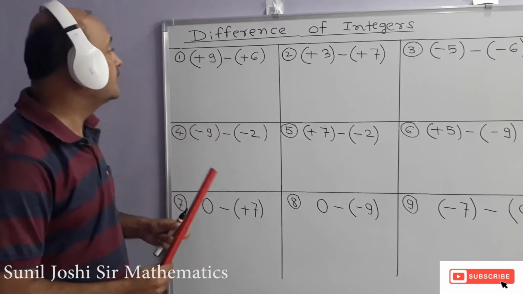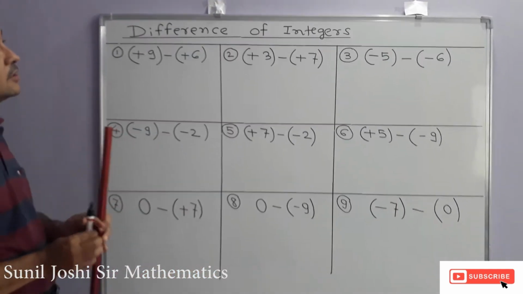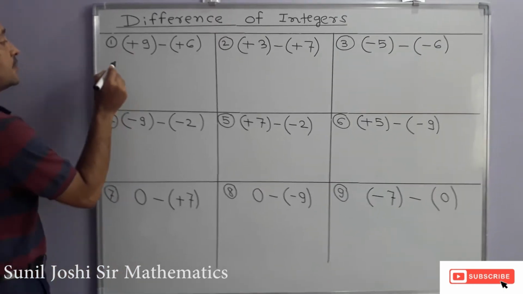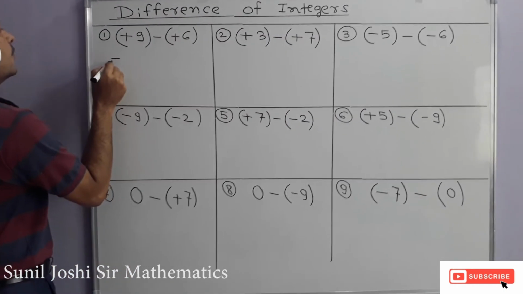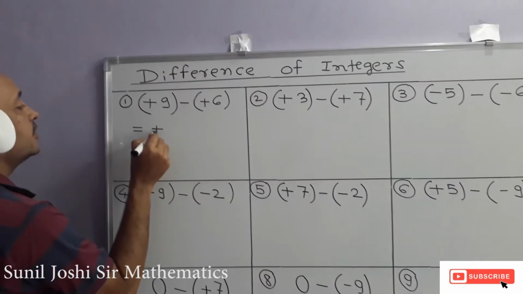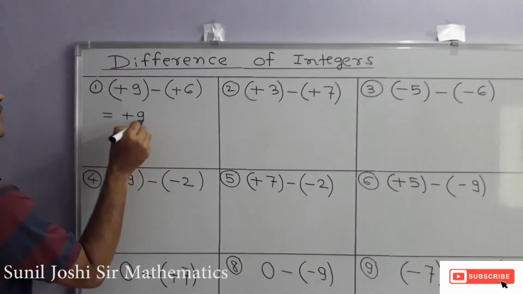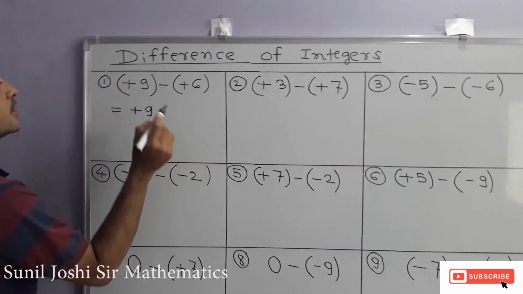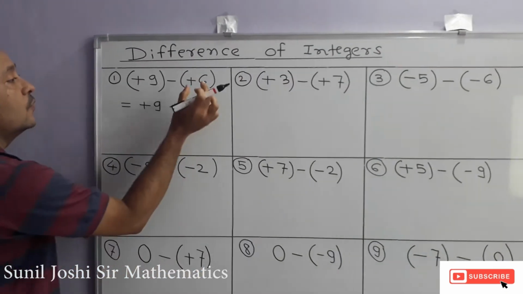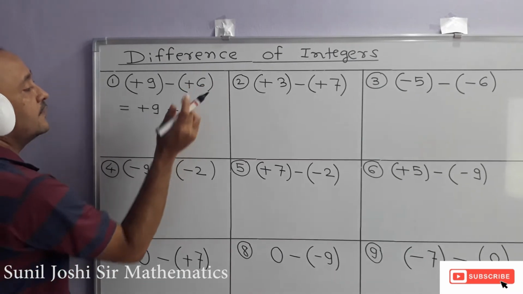So let us see the examples based on difference of integers or subtraction of integers. See the steps very carefully. The first integer, there is no change in the first integer. So it is positive 9 as it is. Then the subtraction operation is converted to addition operation. Then what change is made? We have to take the opposite number of this.